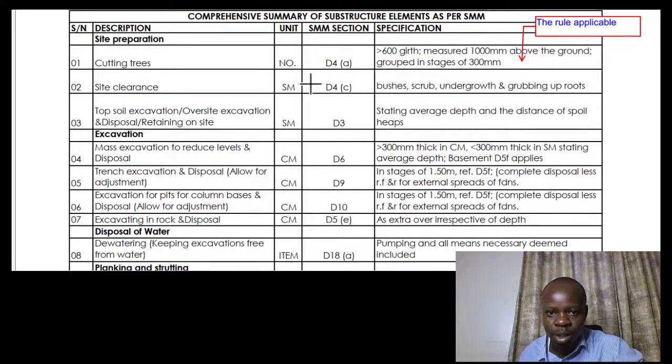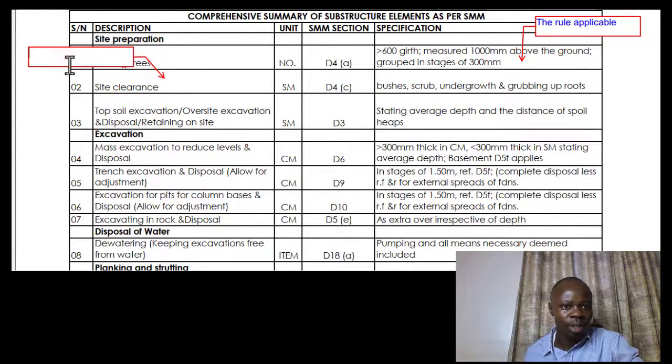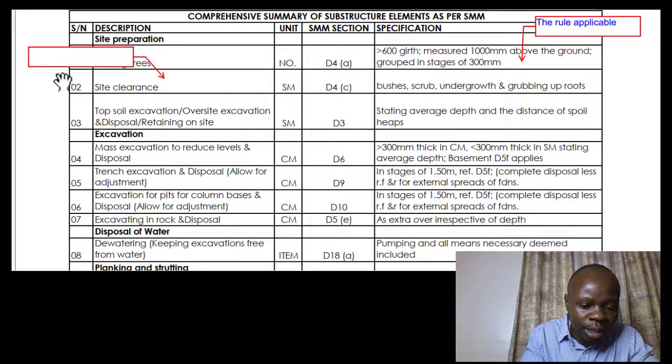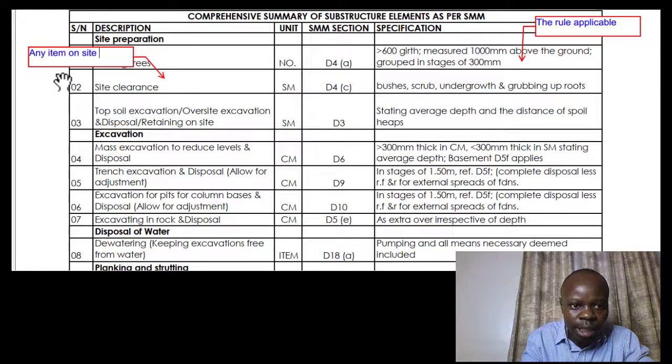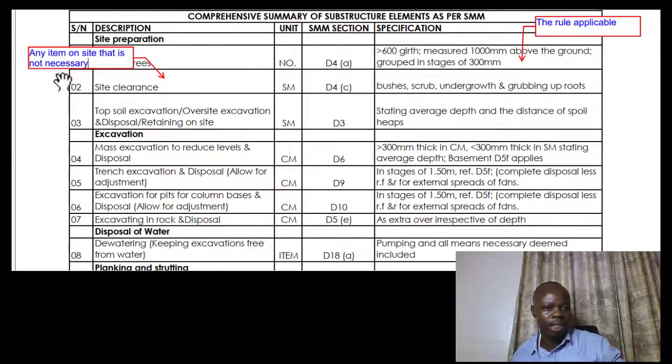So that is the meaning of this one here. When you talk about site clearance, you talk about any item on site that is not necessary. It's as simple as such.